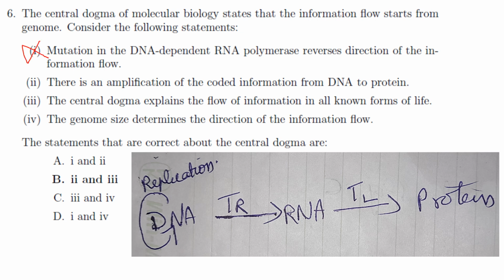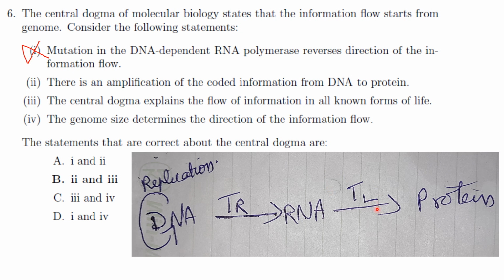There is amplification of the coded information from DNA to protein. What is this amplification? That means one gene DNA sequence can produce multiple mRNA molecules upon transcription, and from one mRNA molecule, it can produce multiple proteins upon translation.